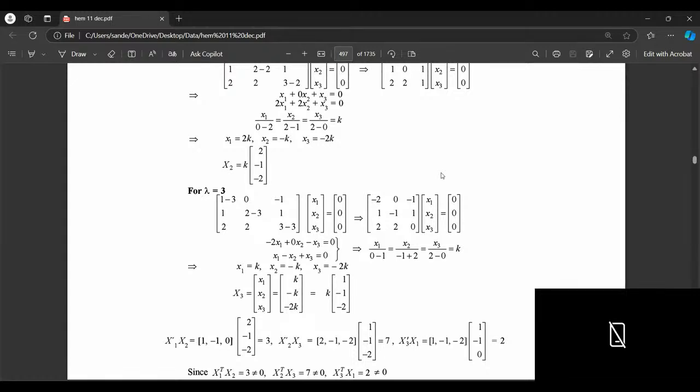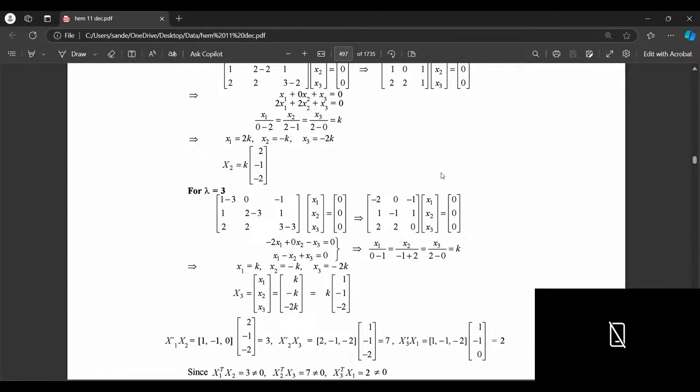So we choose two different equations, the first two, and again use Cramer's rule. x1 you will get k, x2 you will get minus k, and x3 you will get minus 2k.